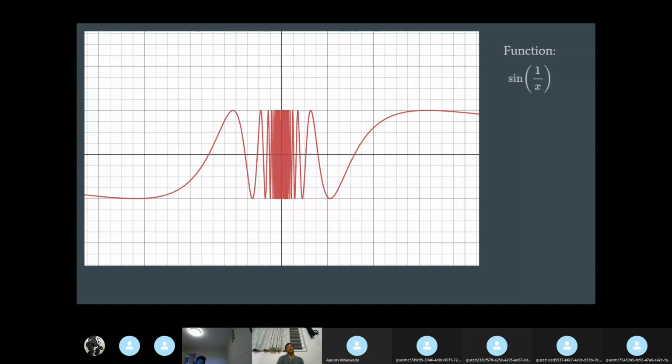Not as a limit, just qualitatively, what happens as the input gets closer to 0. I don't want to know the limit yet. I just want to know what you think. At first glance, what do you think is happening to the function as it gets closer to 0 from either side?